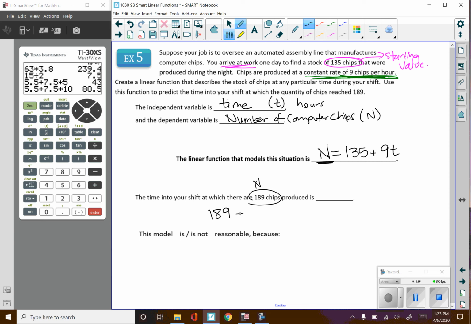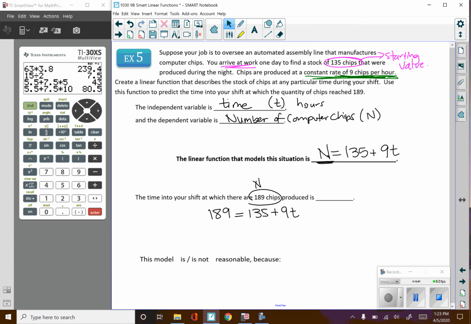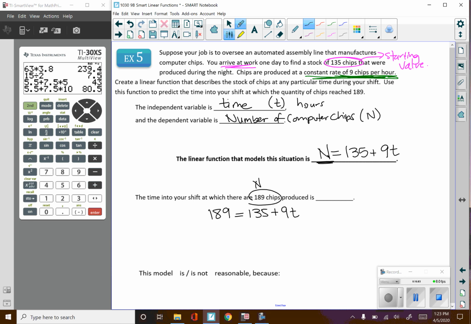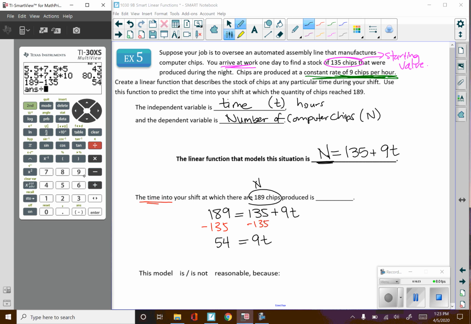189 is equal to 135 plus 9t. We want to solve for t because we're wondering what time. So we would subtract the 135. 189 minus 135 is 54, is equal to 9t, and then we can just divide by 9 to get our answer.